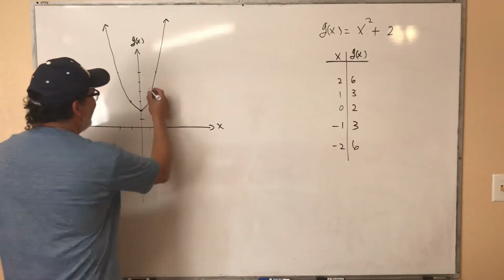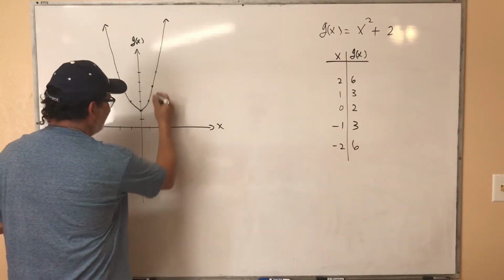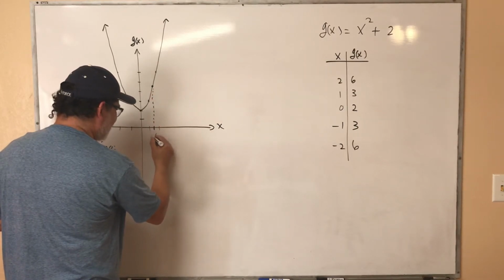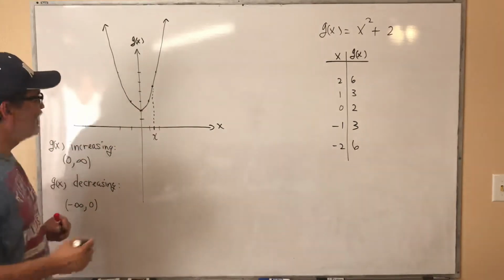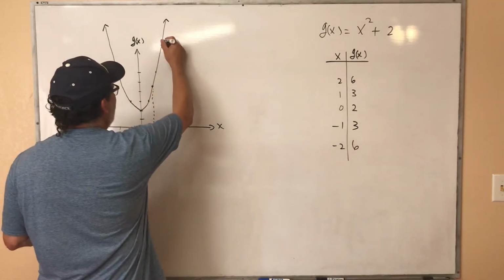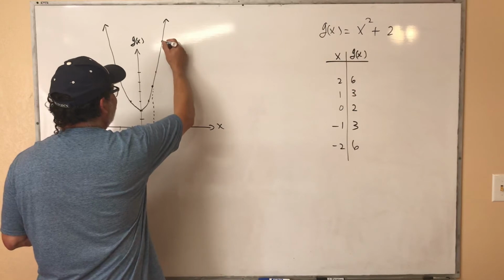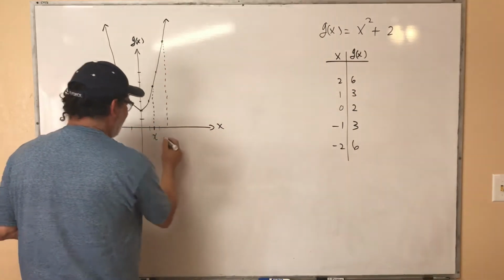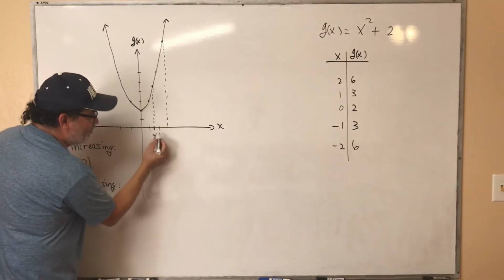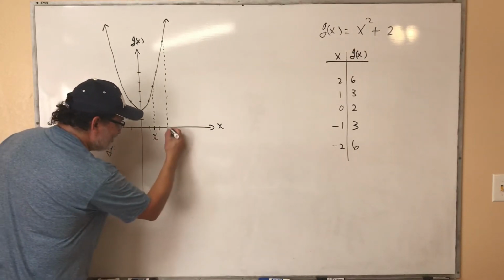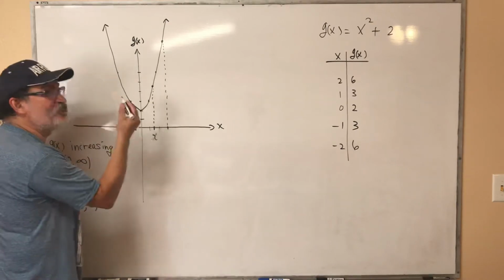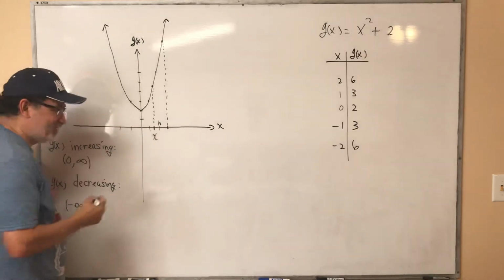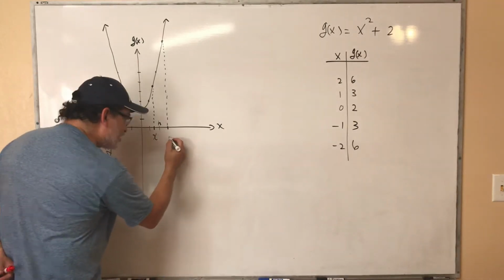I'll take this point, and I call this point X. And I'll take another point right there. The distance from this X value to this other one is H. So if this is X, this must be what?